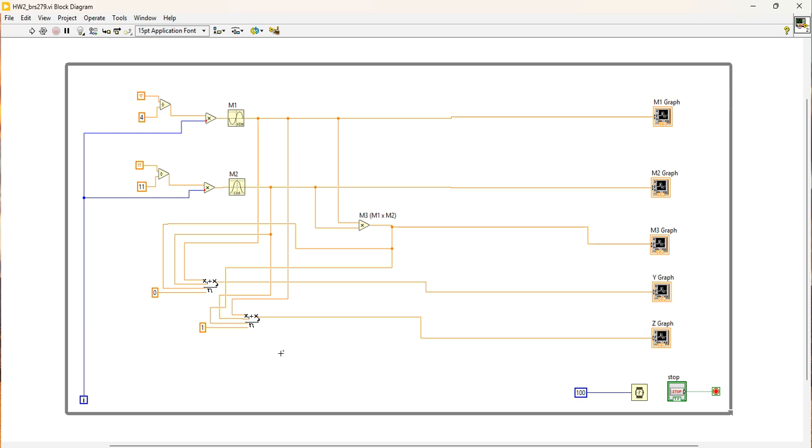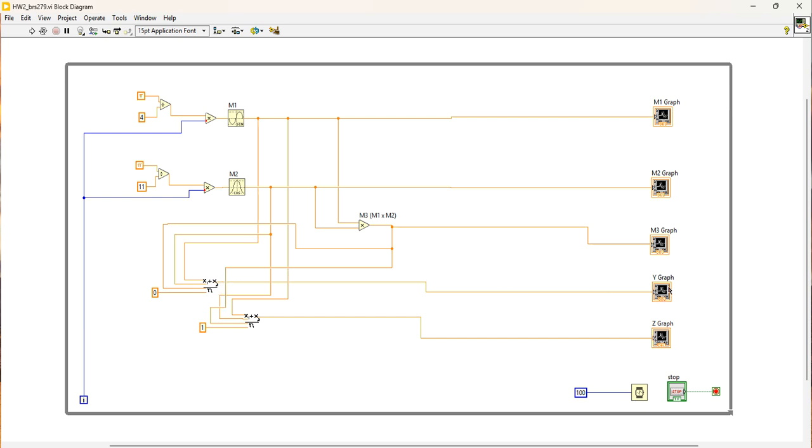into a third graph. We then use the sub-VI previously made for part A of the assignment here and here with M1, M2, and M3 as the inputs. And then this first sub-VI here takes 0 as the fourth input for the control so that it calculates the mean.